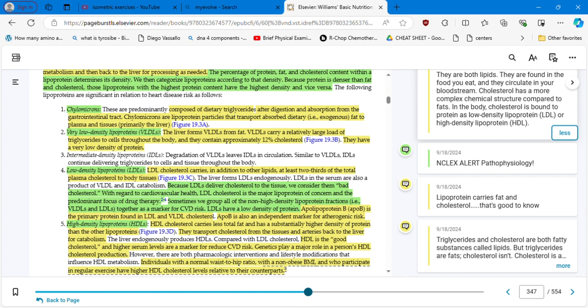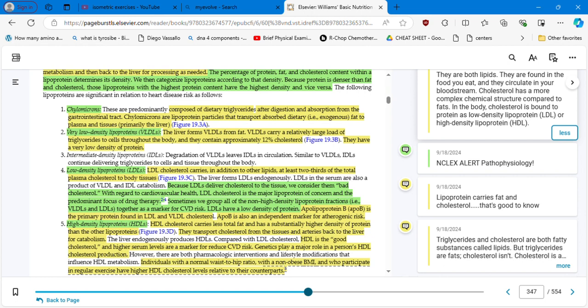Now we have the very low density lipoprotein, your VLDL. The liver forms this VLDL from fat. VLDL carries a relatively large load of triglycerides to cells throughout the body, and they contain approximately 12% of cholesterol.